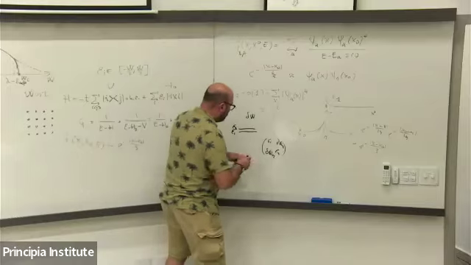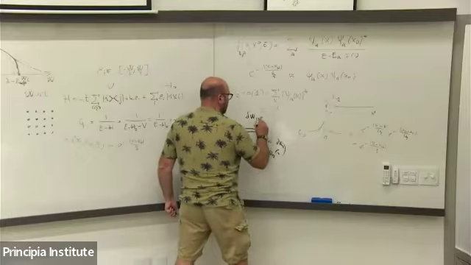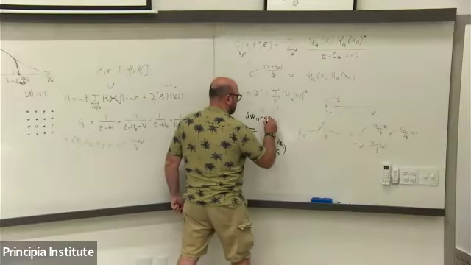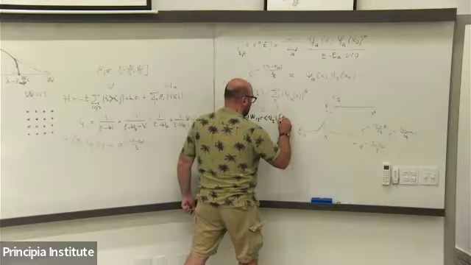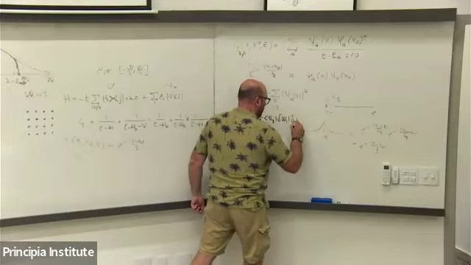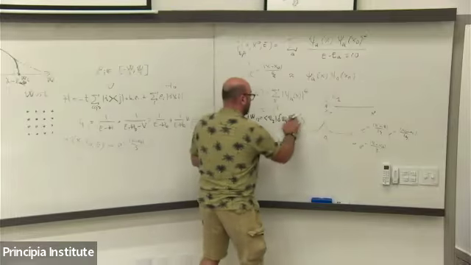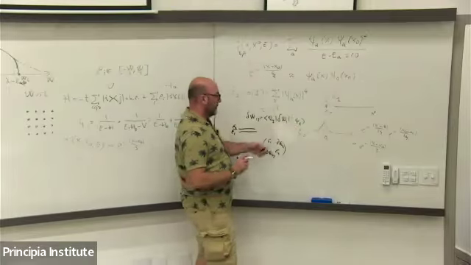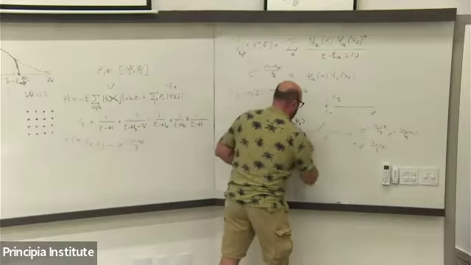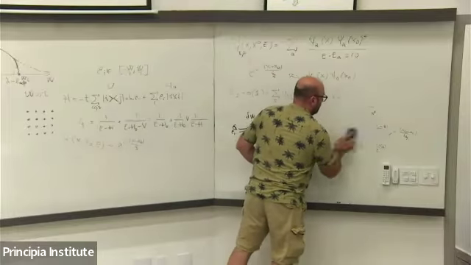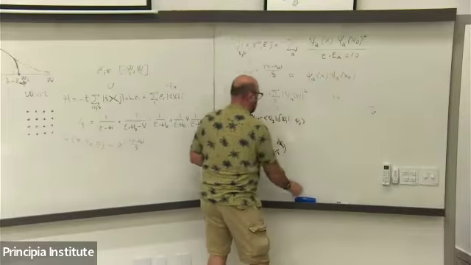So what's delta W_12? It's a matrix element of my disorder between the two eigenstates, psi_2 delta W psi_1. Since this is a local operator, this thing is going to be again exponentially small.